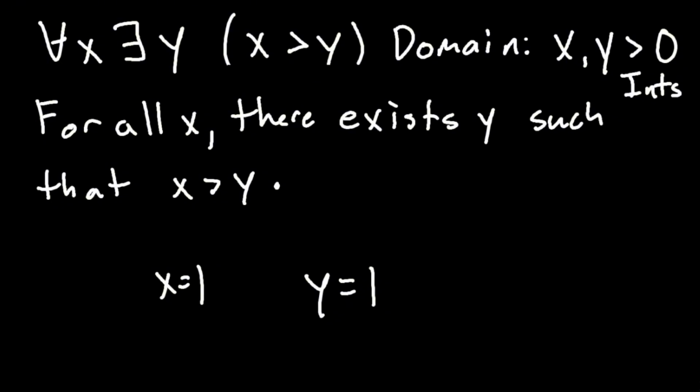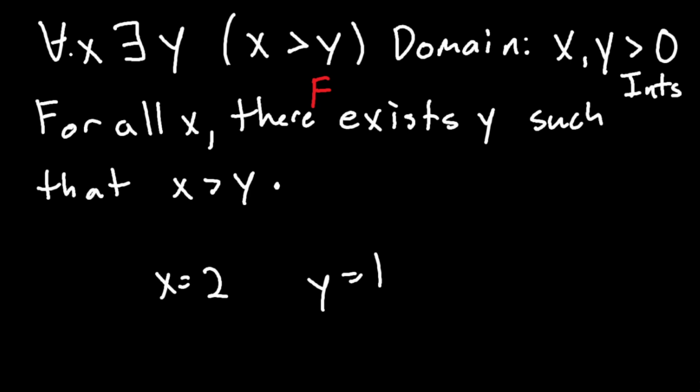So if we were to interpret this statement, it is false, because for every x value, there doesn't necessarily exist a y value that is less than x. This is the case only when x is equal to 1. When x is equal to 2, we can say y is equal to 1, and y is less than 2.